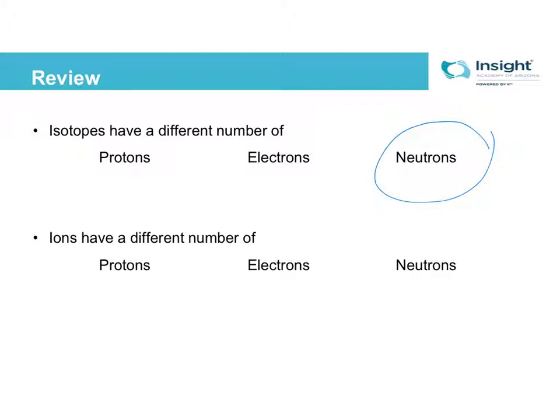What other value might change in addition to that? What do neutrons impact? Again, hopefully you are saying atomic mass. Because that atomic mass is your protons plus your neutrons. So if the number of neutrons changes, so does the atomic mass.